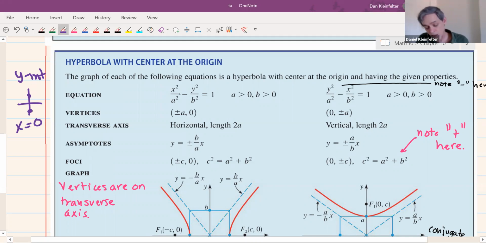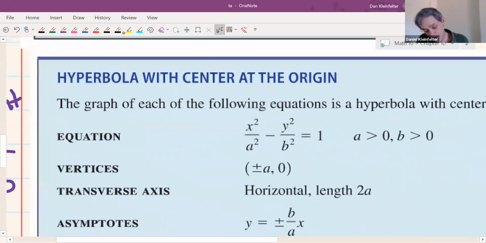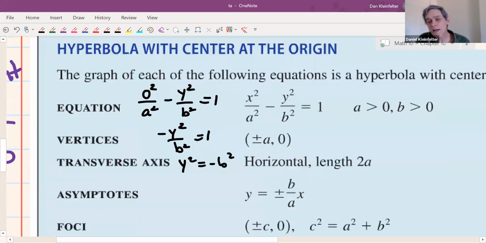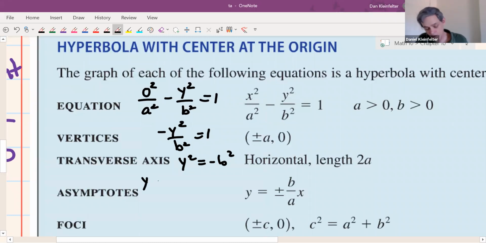In this equation, if x is 0, then the whole left term is 0, and you have minus y squared over b squared equals 1, or you'd have y squared equals minus b squared. And so here, y would need to be complex, that is involving i's and things, square root of -1 and so forth.